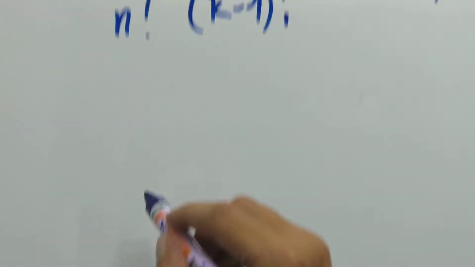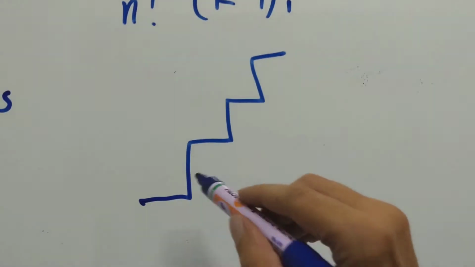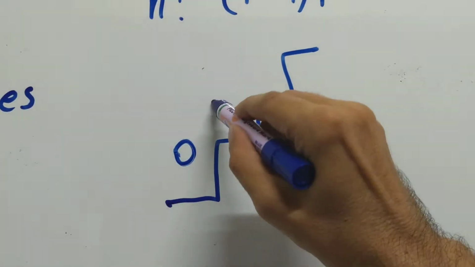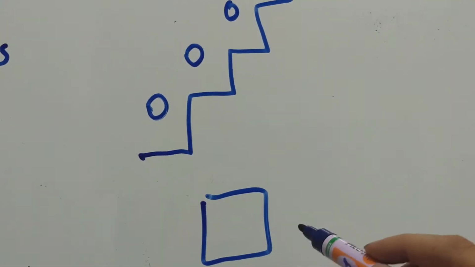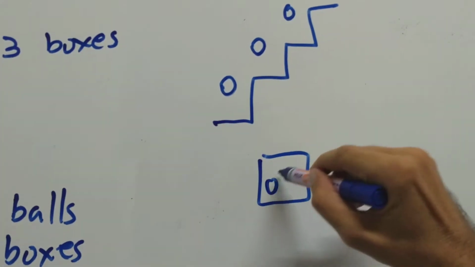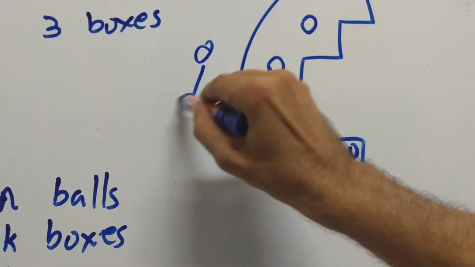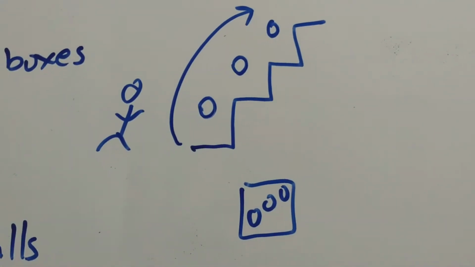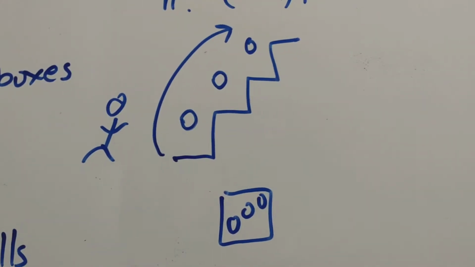Now, let's apply this to the staircase. I have a staircase, and let's say each step is like a ball, and I want to put it into boxes. Let's say 1 box. If I put all 3 into 1 box, my climber takes 1 move, goes up 3 steps in 1 shot, assuming he's able to do that.